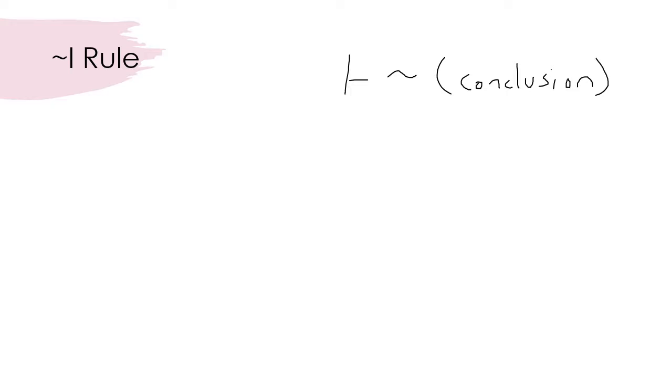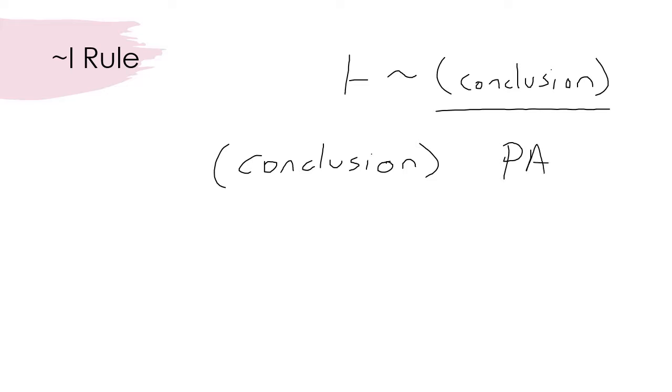And what we're going to want to do is assume the opposite of the conclusion, or sorry, you could also think of it as the conclusion without the tilde. So we're going to write the conclusion as a PA. And then we're going to build what's called a contradiction.